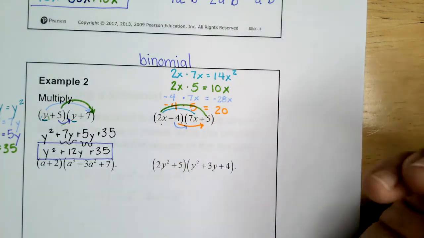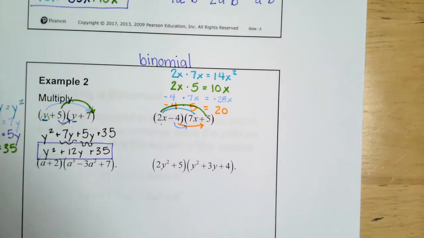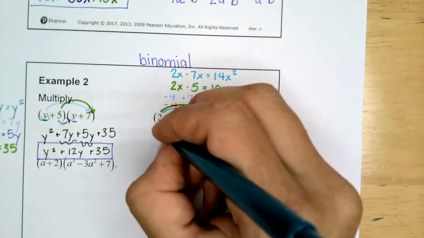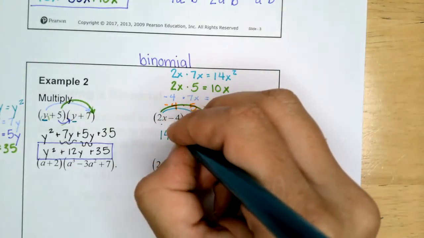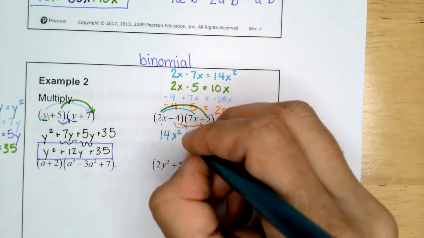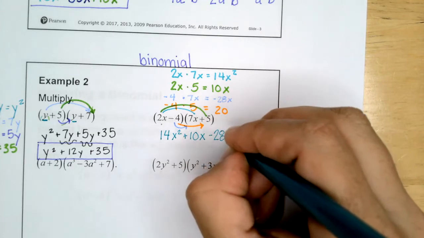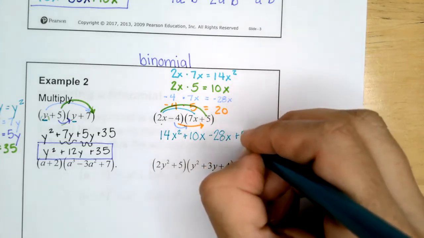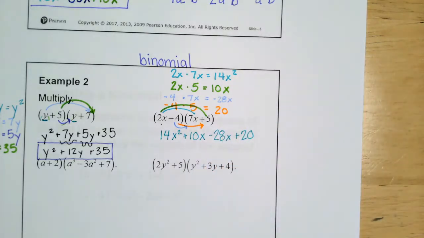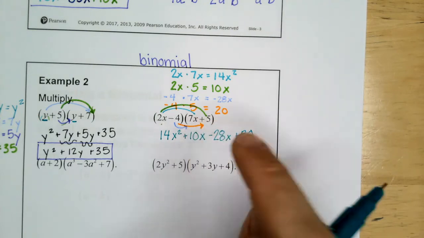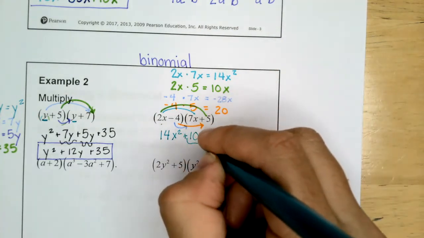All right. So we have 14x squared plus 10x minus 28x plus 20. These are like terms, so we can combine them.